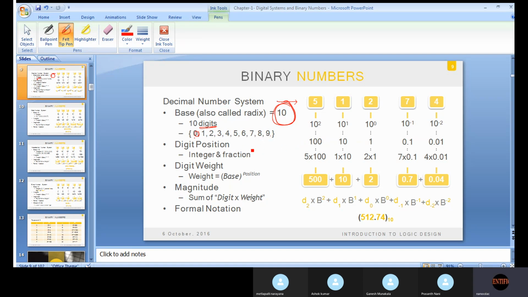Digit position may be in the integer and fraction parts.